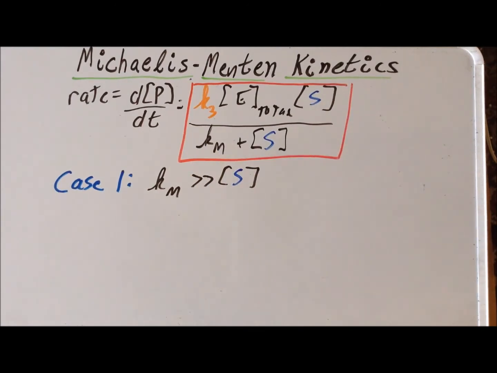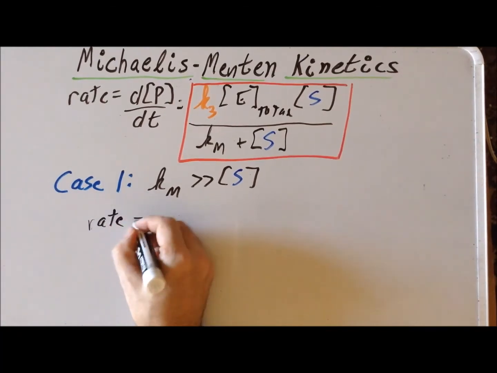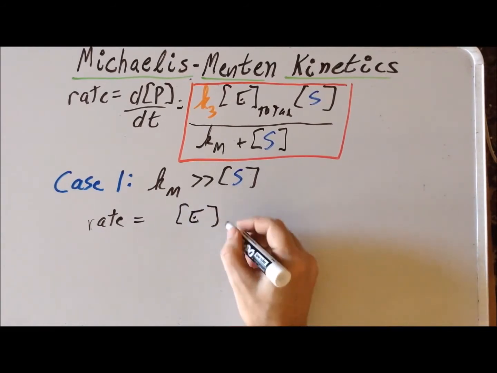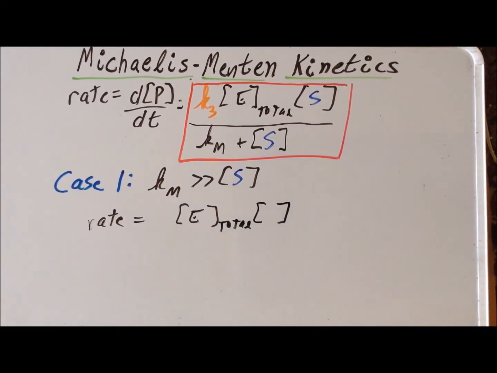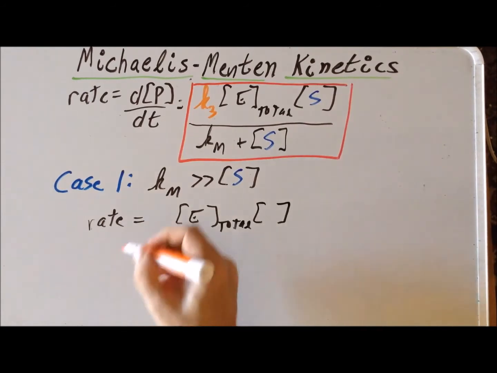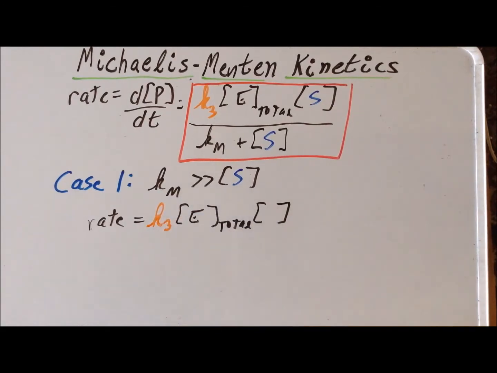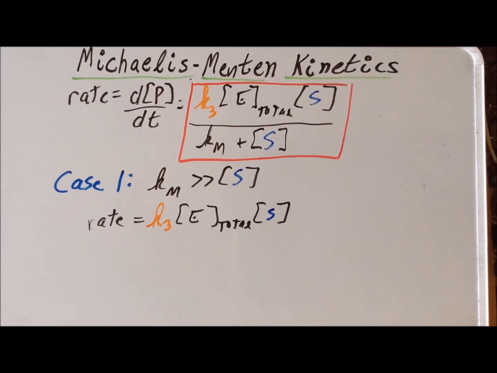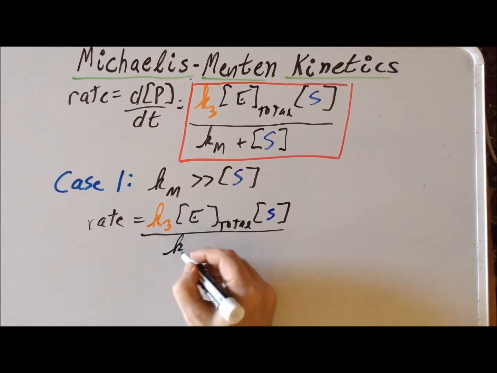So the rate is going to be equal to the concentration of the enzyme multiplied by the rate constant K3, and we have the concentration of S in the numerator, and then the denominator is simply K sub m.